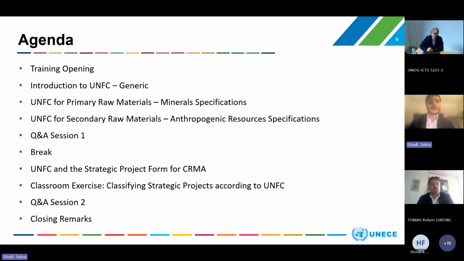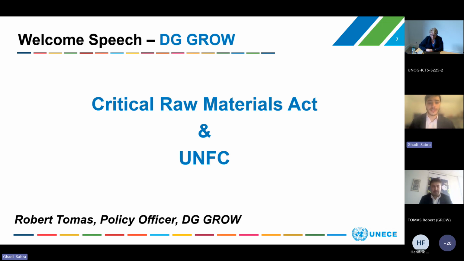Later on, after the break, we will learn more on how to apply UNFC to strategic projects proposals based on the application form, followed by classroom exercises. We have 3 planned exercises, one on extraction, one on recycling, and one on processing, before concluding with a Q&A session and some closing remarks. So, without further ado, I pass the floor to Robert Thomas, Policy Officer from DG Grow, that is spearheading the works on strategic projects. Robert?